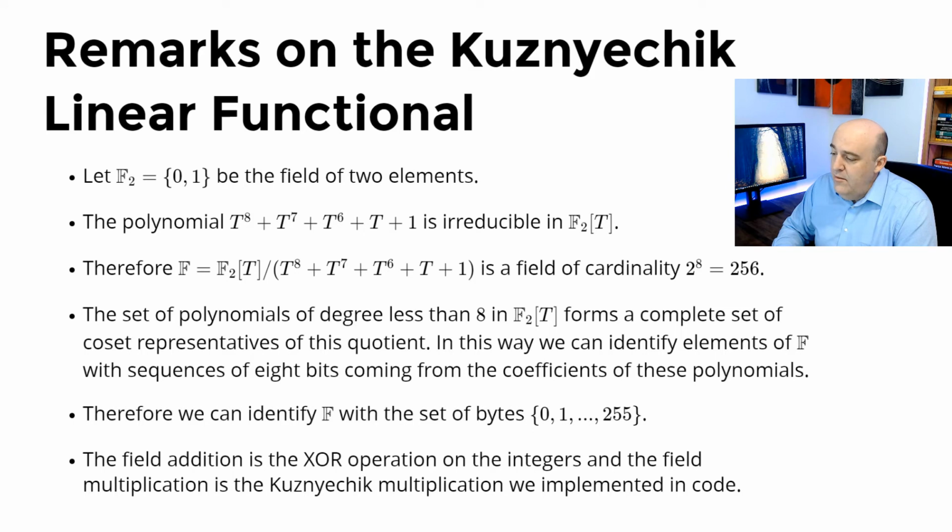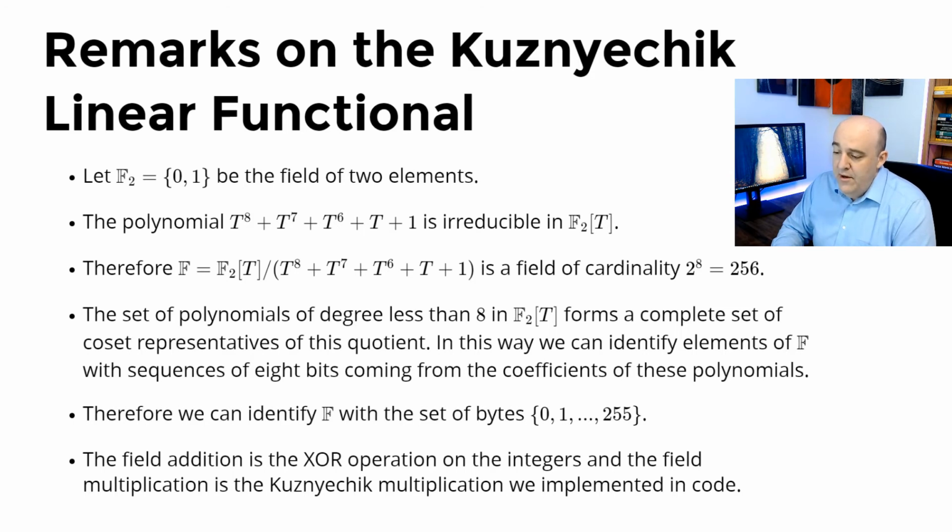And any polynomial of degree less than 8 has 8 independent coefficients, and each of them are bits. And in this way, we identify elements of F with 8-bit sequences. And 8-bit sequences are bytes, which are in bijection with the integers from 0 to 255.